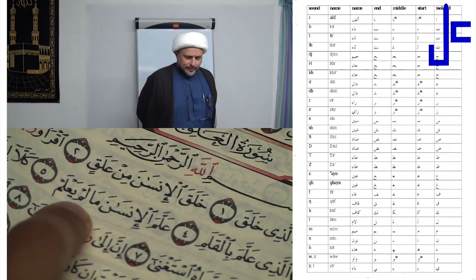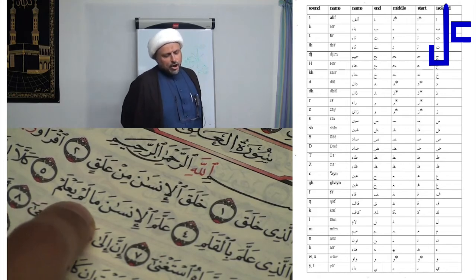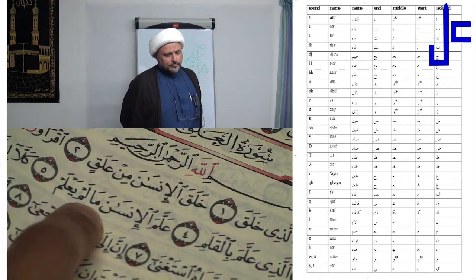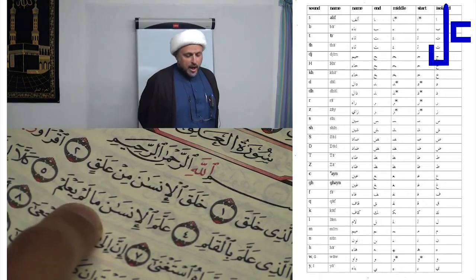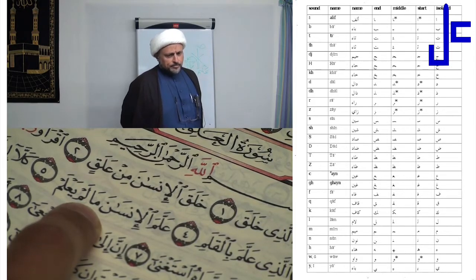Ma. Malam. No. Then the long vowel is only with meme. Excellent. So ma. And then the second one doesn't have any long vowel. Do you see any long vowel? No. So it will be Malam.